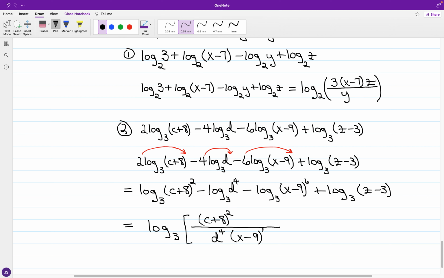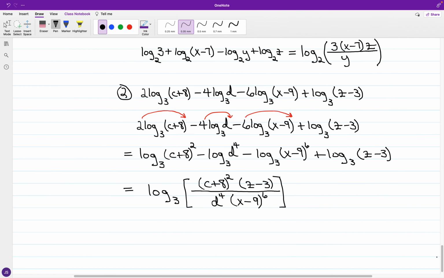And then z minus 3 is attached to a positive base 3 logarithmic term, so that will go in the numerator. There are various ways you could express this, but d to the fourth and the sixth power of x minus 9 go on the bottom, whereas c plus 8 squared and the quantity of z minus 3 will be in the numerator.